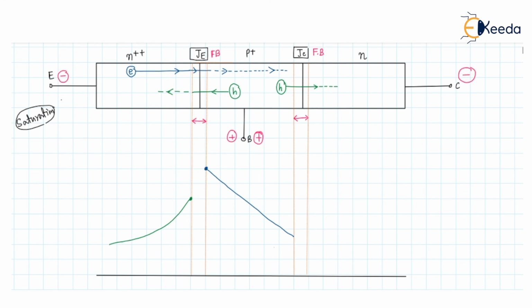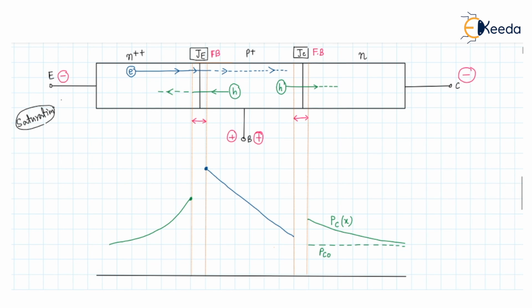So that's why the minority carrier distribution will look like this in the collector region. So this is the minority carrier concentration, that is the hole concentration inside the collector, which is changing with respect to x, and this value is the thermal equilibrium minority carrier concentration, PC0.